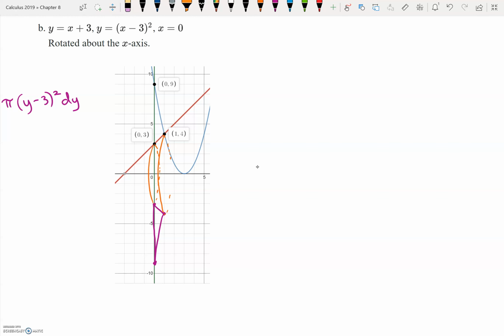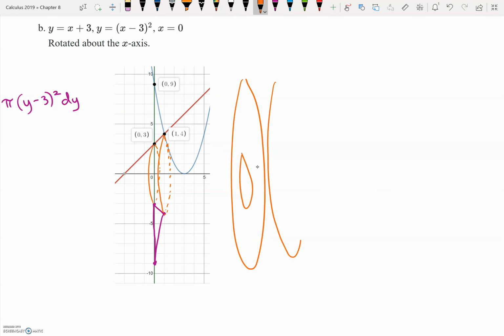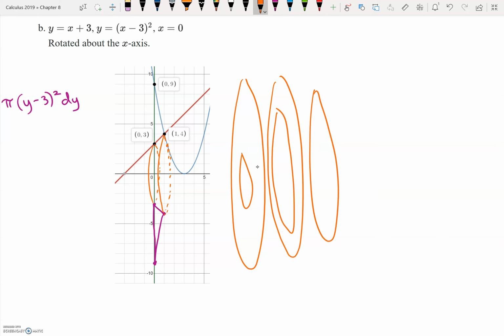So what is going on here? We end up getting a disk that looks like, one of them may look like this, and then another may look like this, and then another may look like this, and it's getting smaller each time, right? Actually, our circles are getting wider each time, I guess.